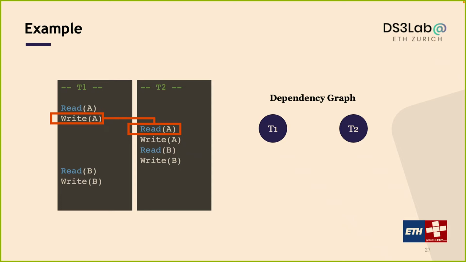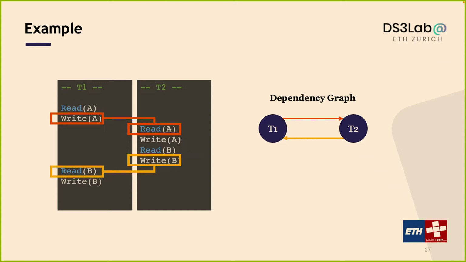These two operations conflict, and the T1 operation happens earlier than the T2 operation, so I'm going to have an edge from T1 to T2. If I look at this other pair, they conflict because one writes B and the other reads B, and the operation in T2 happens earlier than the one in T1. In this case, I will have an edge from T2 to T1.